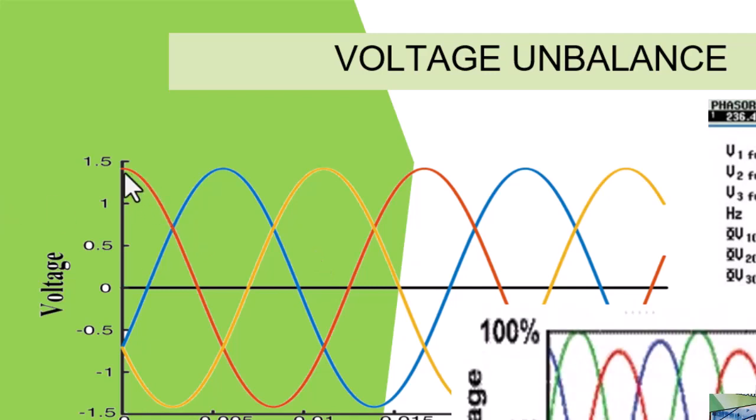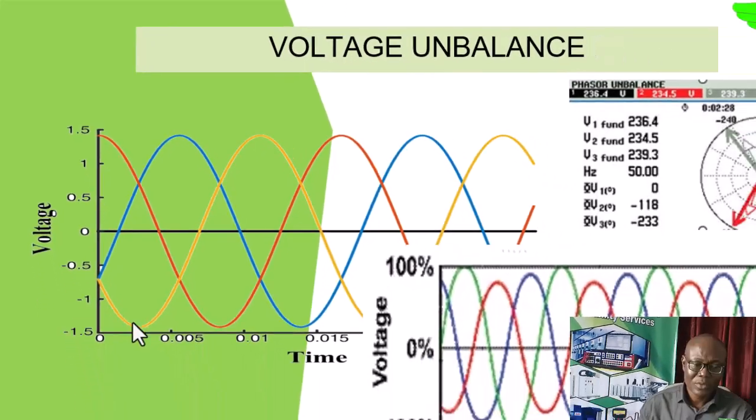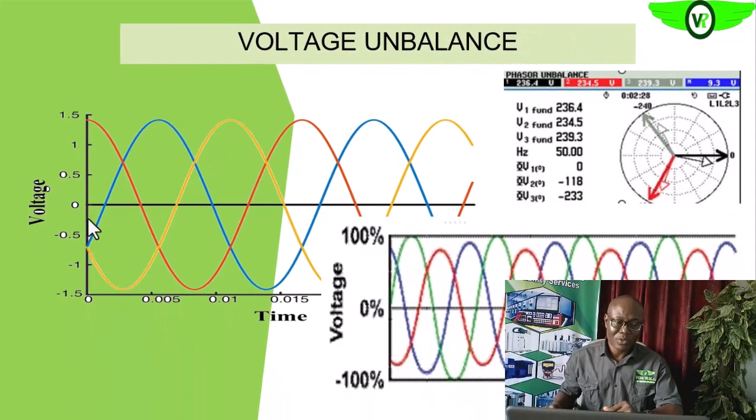As you can see here, the red phase, the blue phase, and the yellow phase must be at the same magnitude. Are we getting it? Then the phase difference must also be 120 degrees apart. So that is what is supposed to be maintained for our voltage to be balanced.